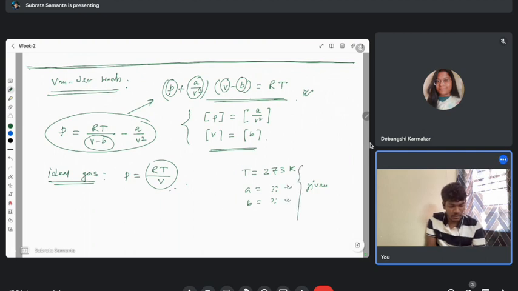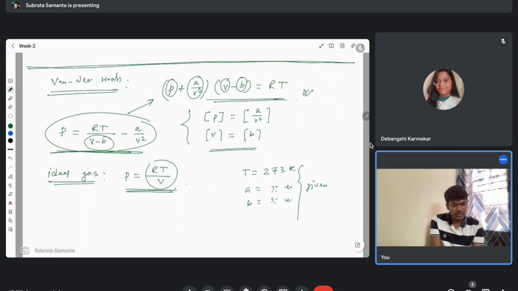Then we can calculate the pressure in the van der Waals gas and the ideal gas. Can you say which one is bigger? If you compare, P = RT/V for the ideal gas, but in this case P = RT/(V − B) − A/V². So for the van der Waals gas, the pressure is less than the ideal gas.